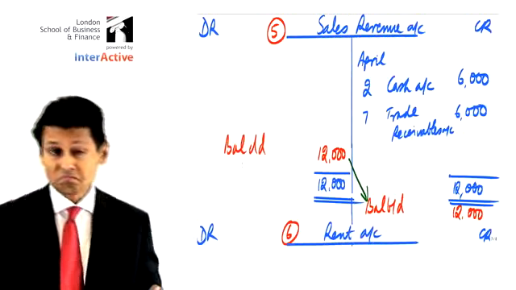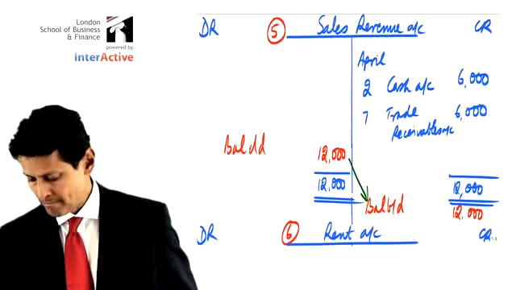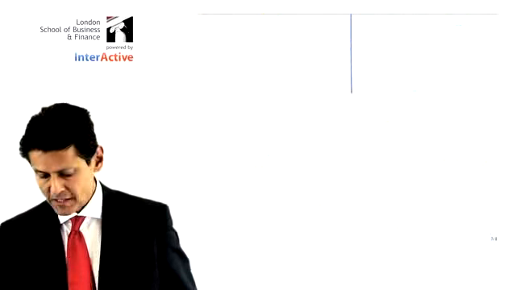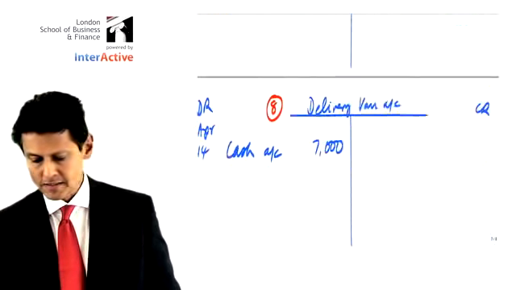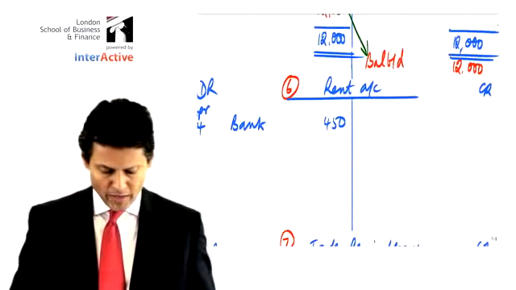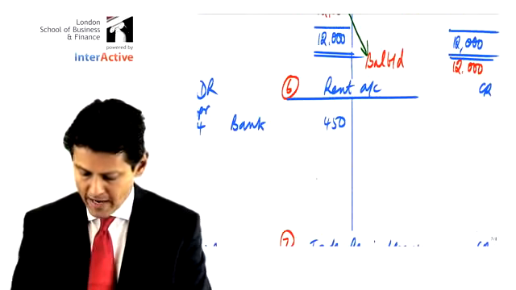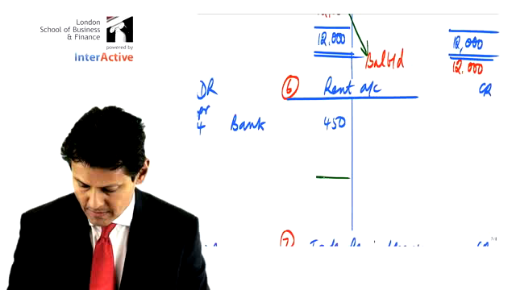Sales revenue is income, so you expect it to be a credit balance. And so we move to rent. Rent, of course, is an expense. You expect that to be a debit balance. 450. So I add it up, if you want to go through the proper process.